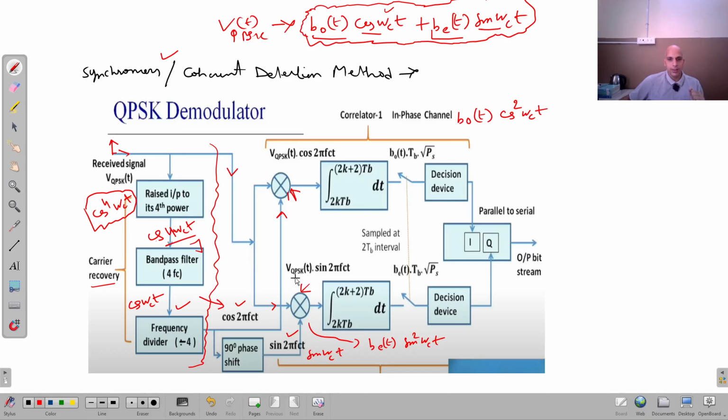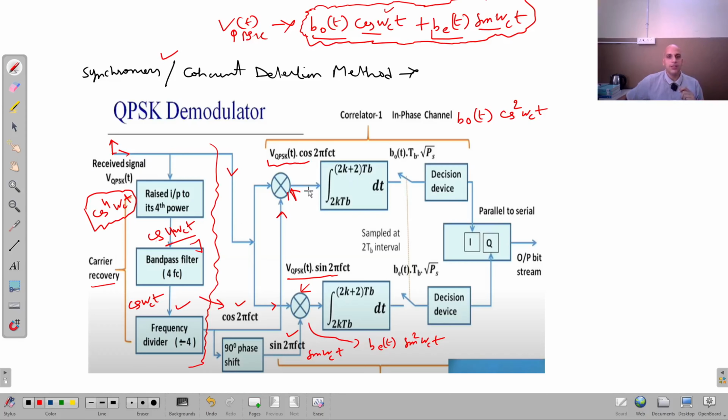You can see here they have considered only sine of omega c t here, and here only cos of omega c t. The other term is ignored. We can do it in the circuit actually; we can extract the other term. We can only consider the cos term.